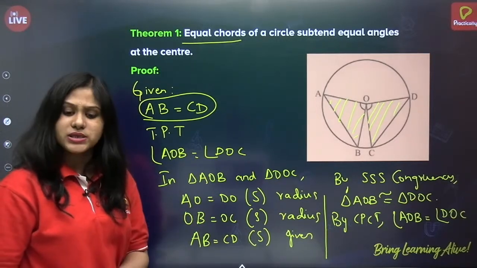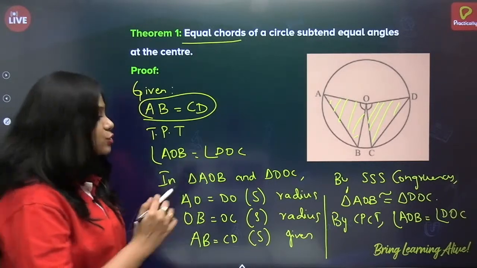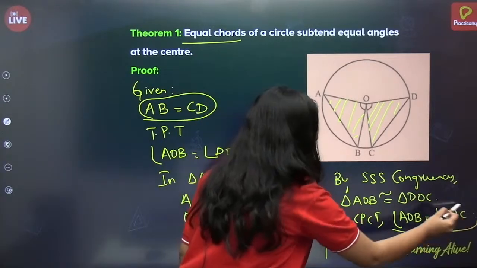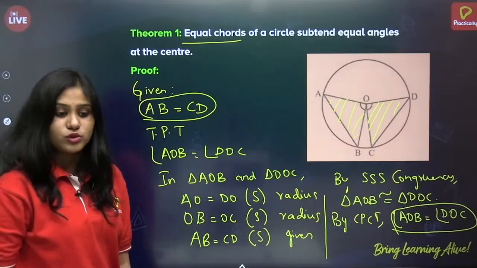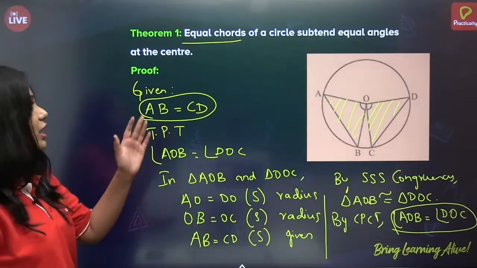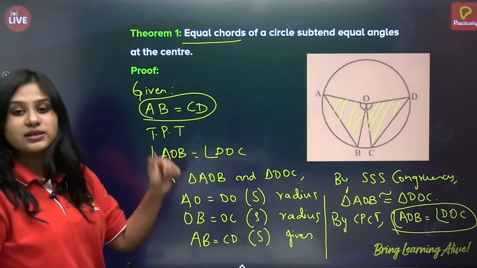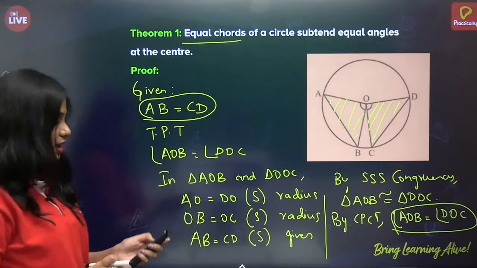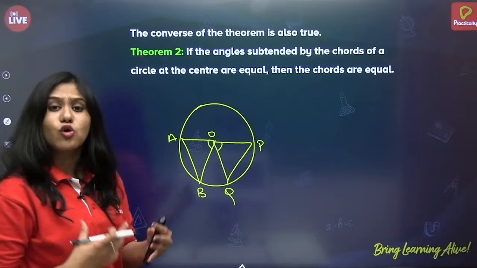And we know CPCT, that is corresponding parts of congruent triangles are equal. So by CPCT, we say that angle AOB is equal to angle DOC. Alright, so this is how we have proved the theorem that equal chords of a circle subtend equal angles at the center.